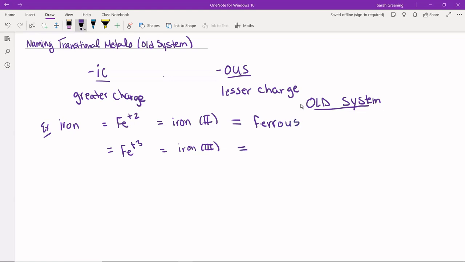And if it's a +3, so the greater charge, we get ferric. And this stems from the Latin name of iron, which is ferrum.